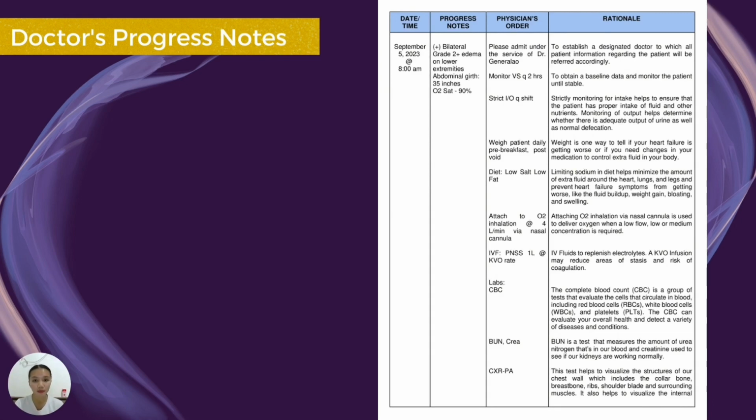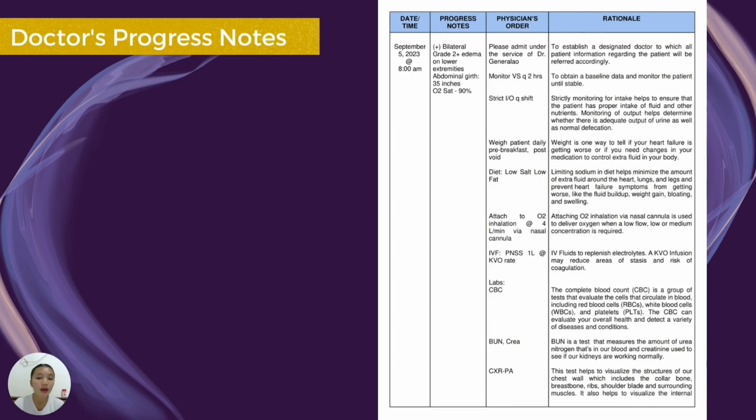Now, weigh patient daily pre-breakfast, post void. Weight is one way to tell if your heart failure is getting worse or if you need changes in your medication to control extra fluid in the body.